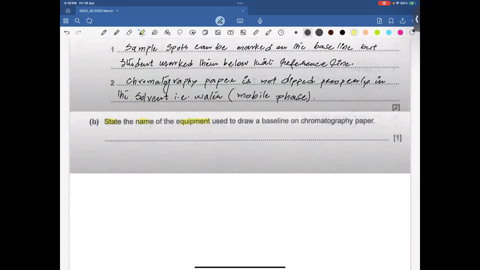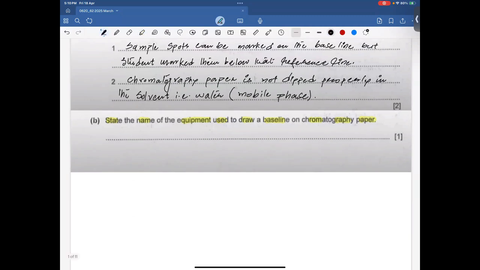State the name of the equipment used to draw a baseline on the chromatography paper. मैंने कहा आपको pencil, sharp pencil. Okay.